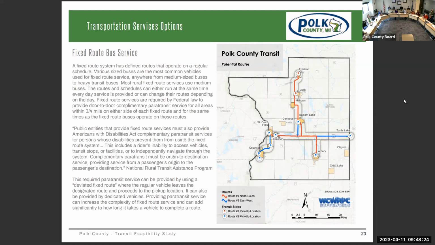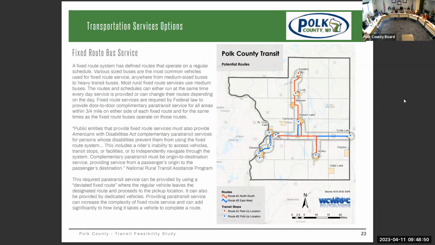It also comes with the overhead of needing to supply complementary paratransit service if you run a fixed route bus. And that means any 1.5 miles of the route has to have service that is equivalent in many measures to what somebody that was on a fixed route would have. That is normally done in a situation like this.